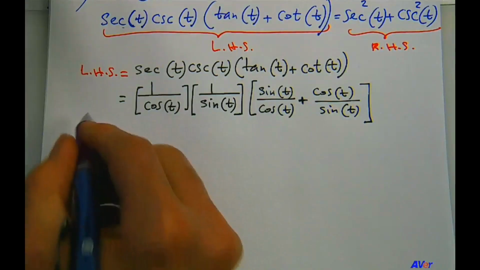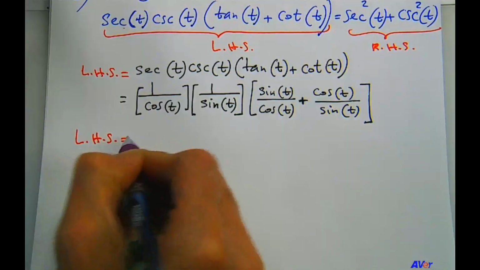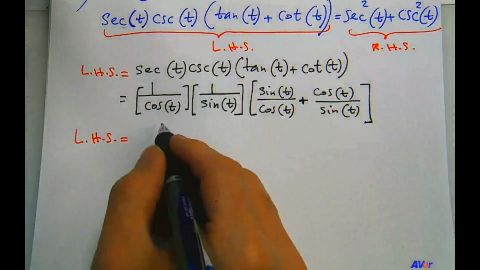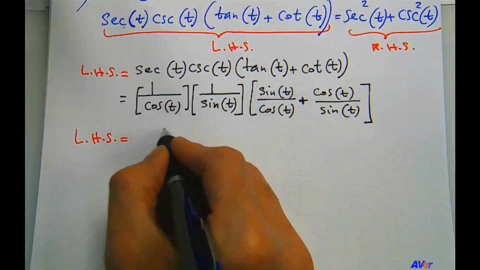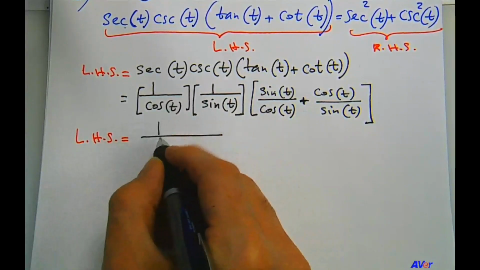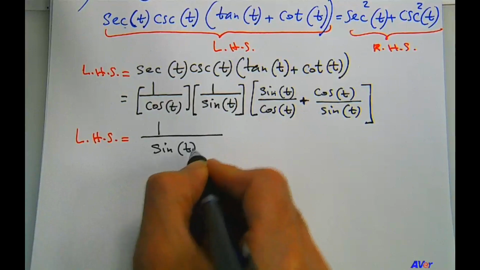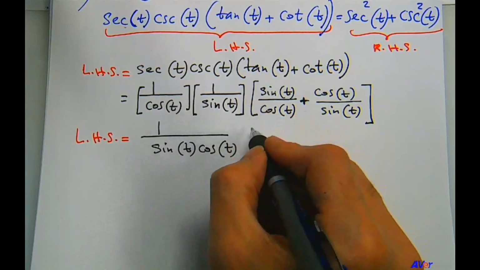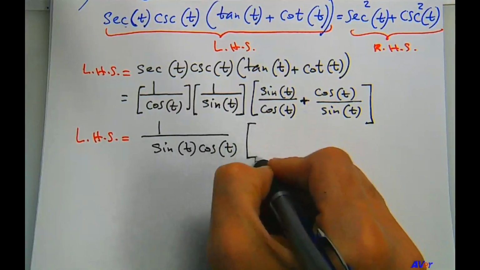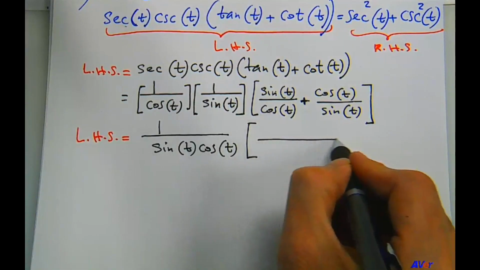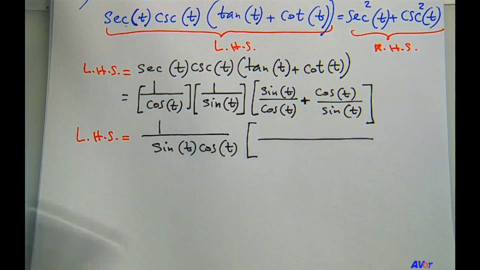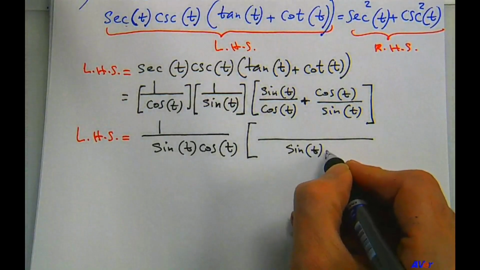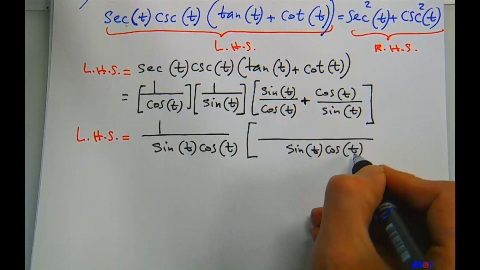So now the left-hand side is equal to, let's multiply these or simplify them, and then we'll take the common denominator here, right? So 1 over sine of t times cosine of t, times, take the common denominator. What is that? That would be sine t times cosine t.